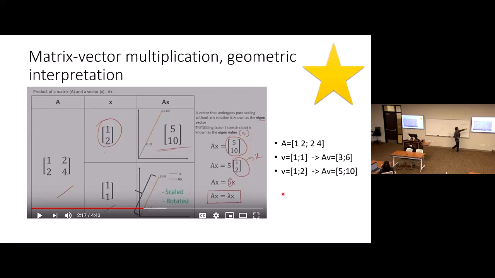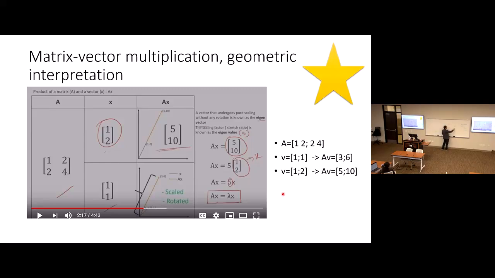So if you know how to do multiplication of matrices, you can know that 1, 1 becomes 3, 6. So from 1, 1, to 3, 6. Okay, so what does this matrix operator do to this input data point?